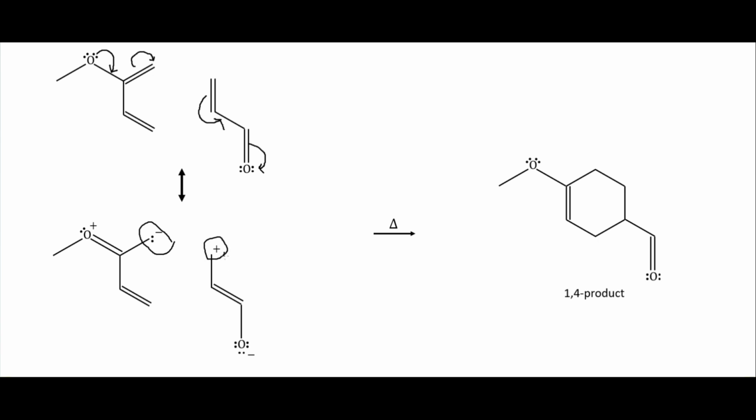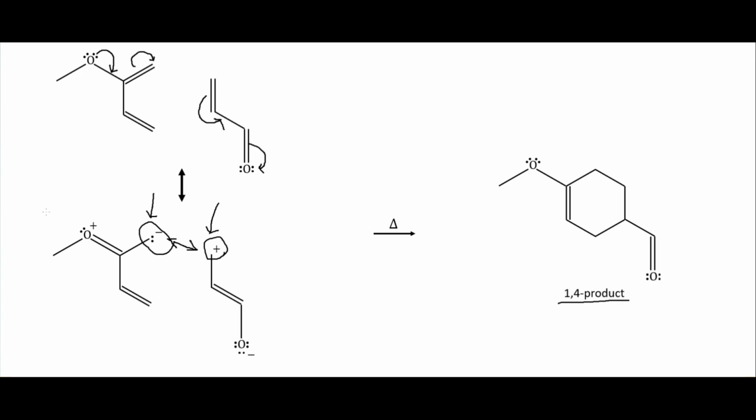So we get a carbocation right there. And you can also see that the negative charge from this carbanion and this positive charge from the carbocation will cause those to be attracted to each other. So this is why it ends up making the 1,4 product here, because these two are going to orient towards each other right here. And so that's where we're going to end up with that 1,4 product.